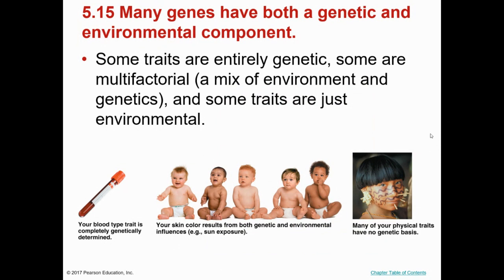If you're out in the sun and you don't wear sunscreen, your skin generally gets darker. And then there are other physical traits that have no genetic basis whatsoever. And a lot of those are culturally or socially impacted.